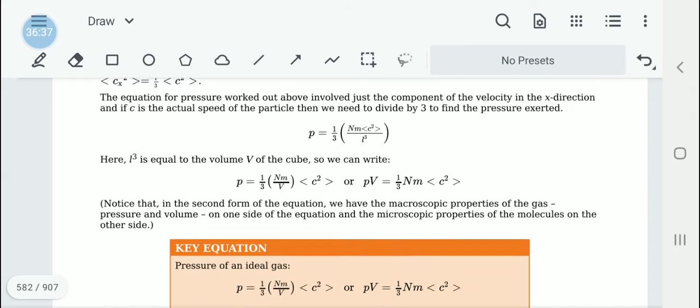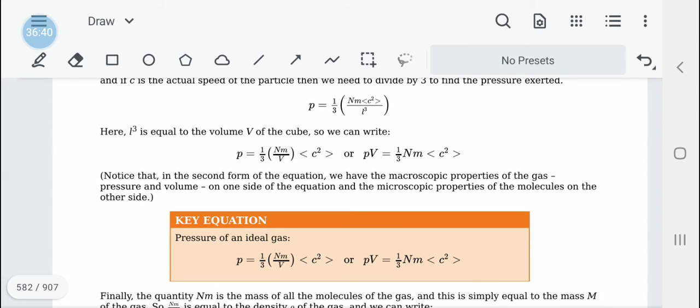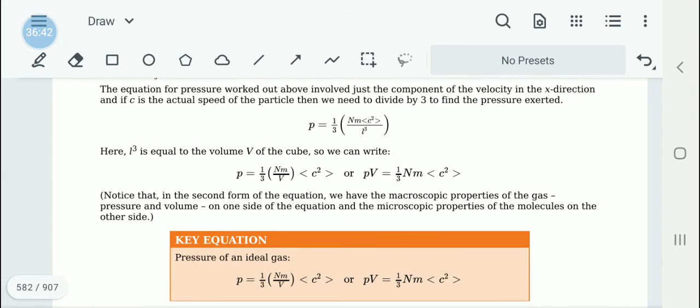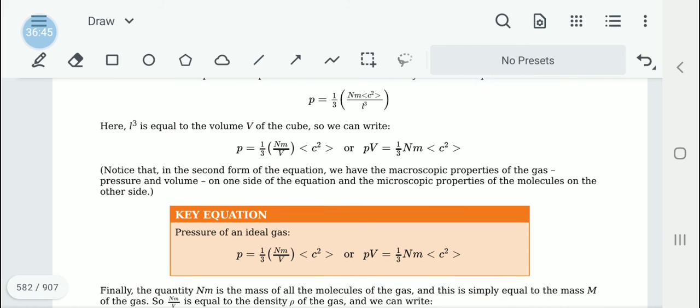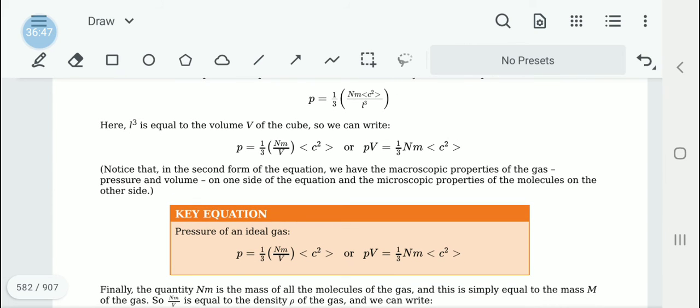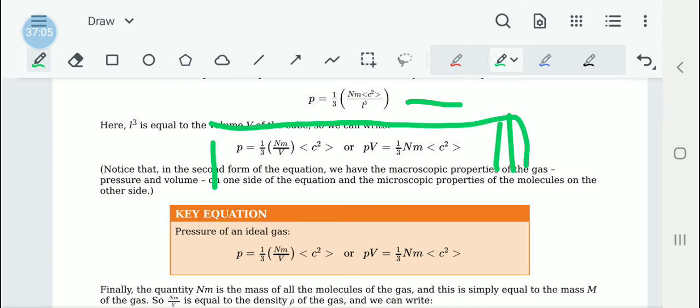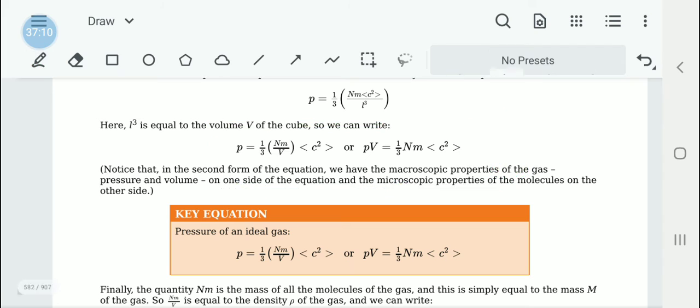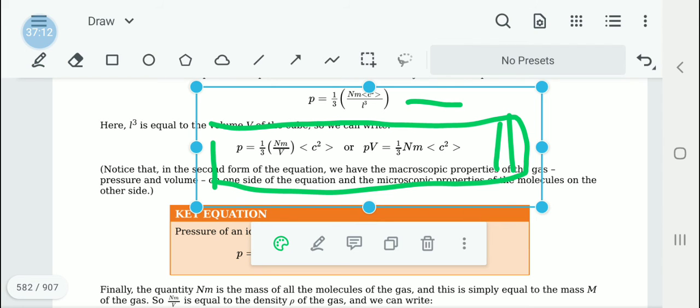Then leave a line and write, because L cube is equal to volume, we can write this equation. After you write this equation, then write this one. This is the most important equation. Please put it inside a box or something and mark it as special.